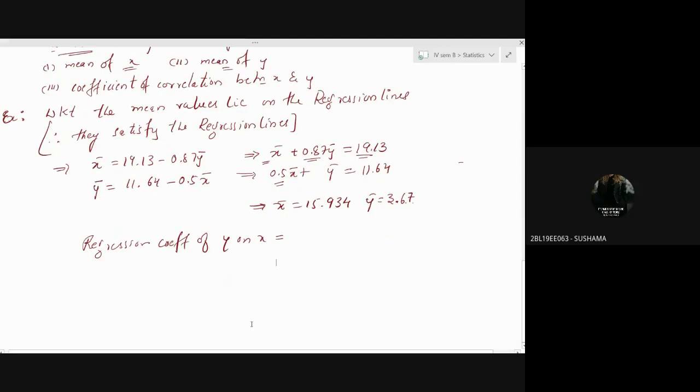R sigma y by sigma x. No, I'm not asking that. From this equation, how much is it? We'll just write the value. It's not necessary to write the formula.